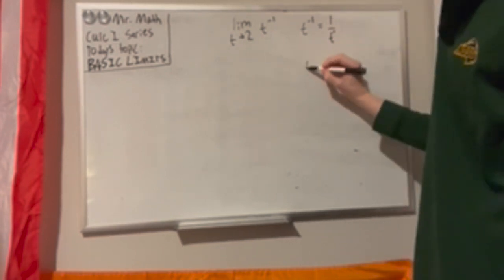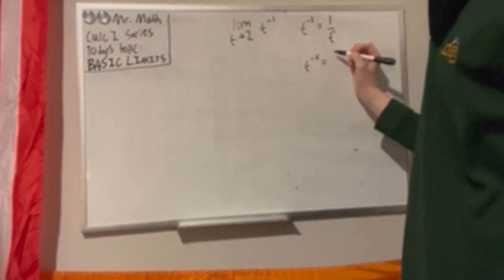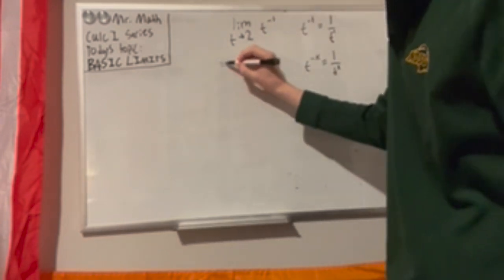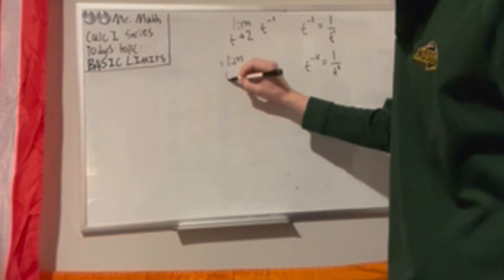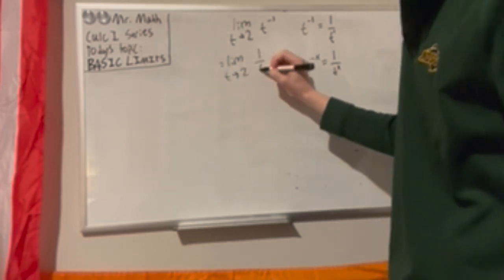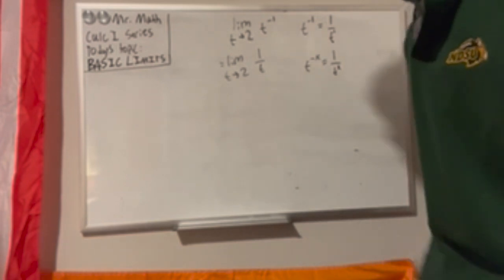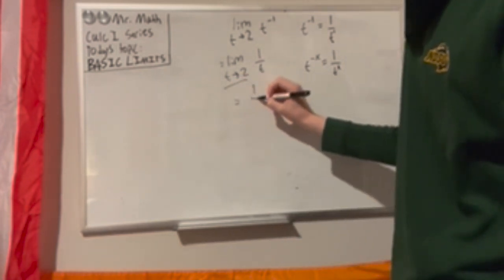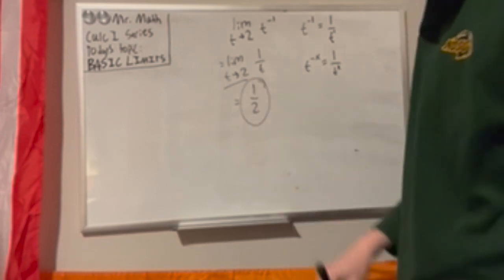Or as the definition says, t to the negative x equals 1 over t to the x. So let's do that here. Don't drop your limit. Limit as t approaches 2 of 1 over t. Now we'll plug in our 2 for t. This yields 1/2, and that is the answer.